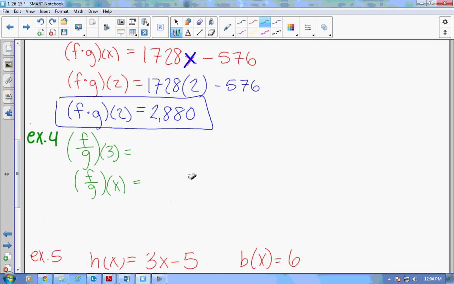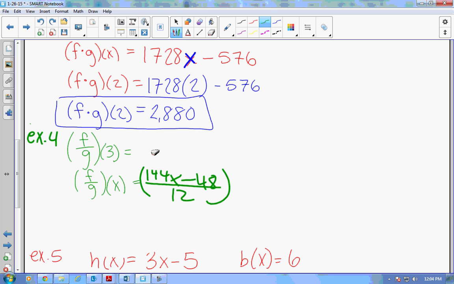Right here next to the bottom one. Okay, step to the side.